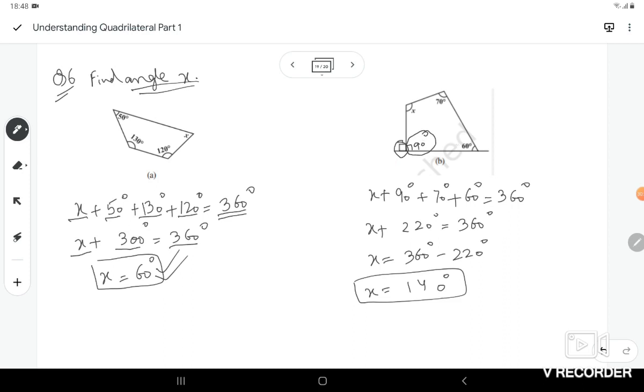And also we know that the sum of the interior angles of a quadrilateral is equal to 360 degrees. So using that property, x plus 90 degrees plus 70 degrees plus 60 degrees is equal to 360 degrees, and x plus 220 degrees is equal to 360 degrees, and finally the value of x comes out to be equal to 140 degrees.